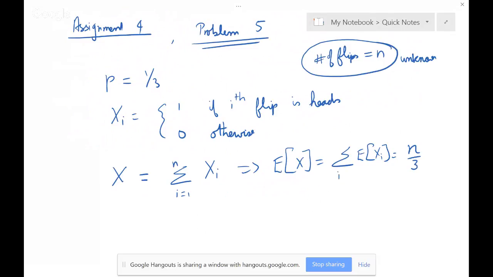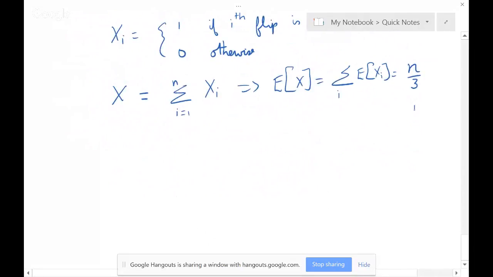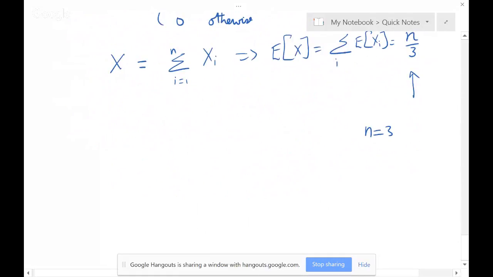So in other words, you expect to see n/3 heads. If n is small, let's take an example, n equal to 3, in which case you will expect to see 1/3 of the coin flips come up heads. But now, what is the probability of getting 2 heads out of those 3 coin tosses?